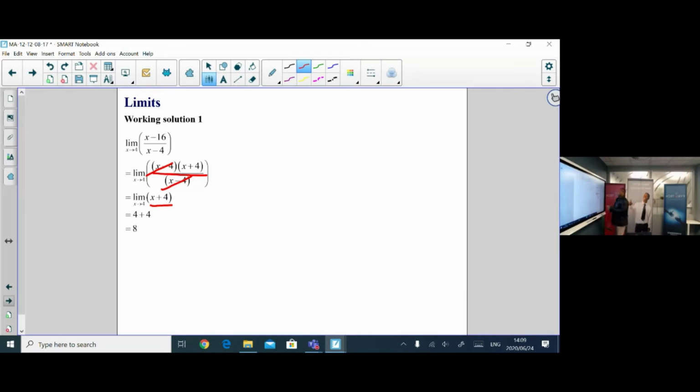So when we write it like this, limit as x tends to 4, we can actually substitute into this result. When we put a 4 here, it will give us 4 plus 4, which is 8.